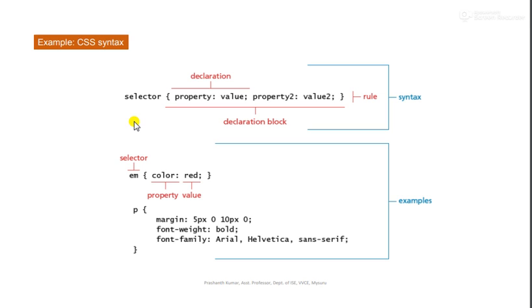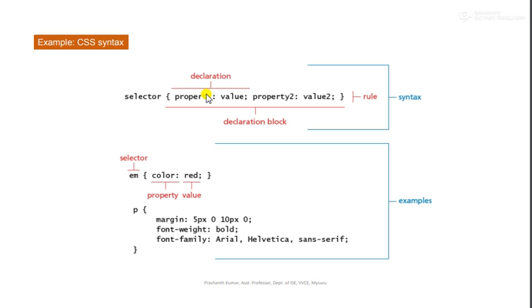P is the element. For the heading tag, the six different types, H1 to H6, are elements. HTML is an element, body is an element, head is an element, title is an element, right? So in the place of selector, you mention elements of your HTML. Not only elements, we can mention different things that I will explain next, different types of selectors.